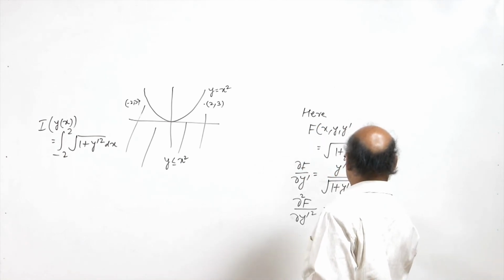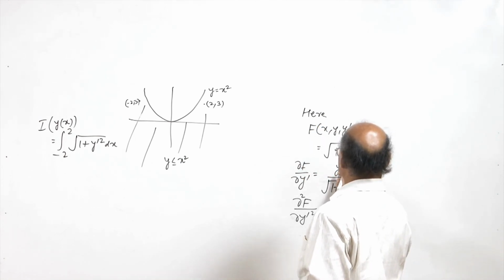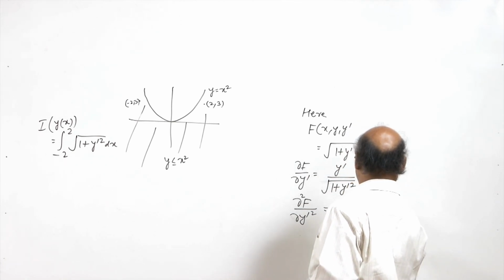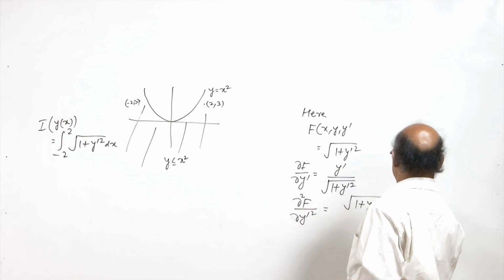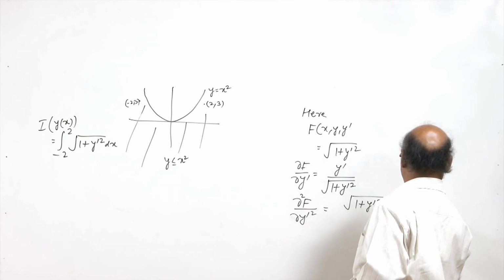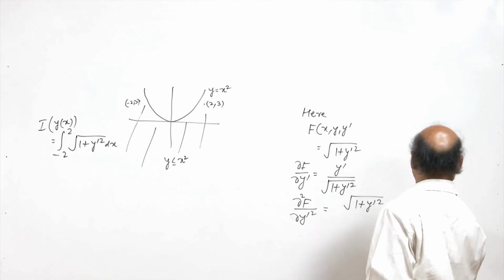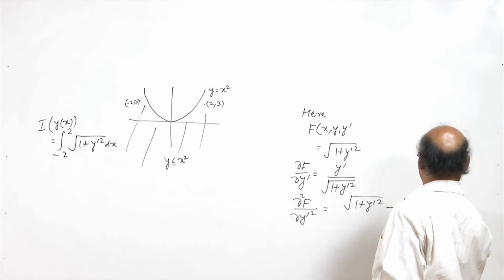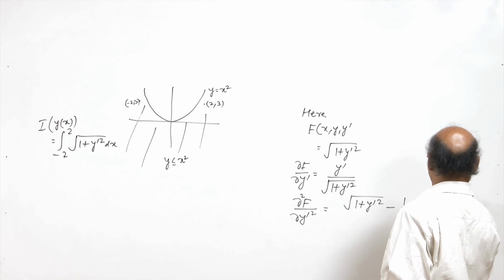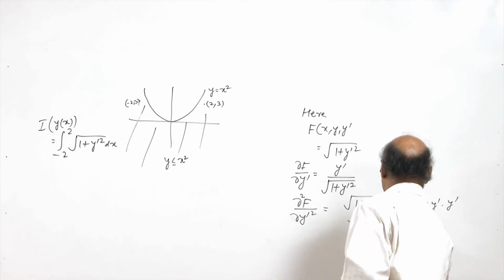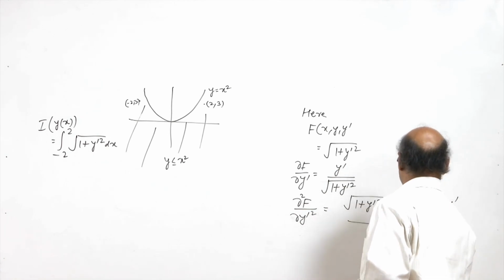So, what we get, derivative of this with respect to y dash is 1, then under root 1 plus y dash square minus 1 by 2 under root 1 plus y dash square into 2y dash divided by 1 plus y dash square.